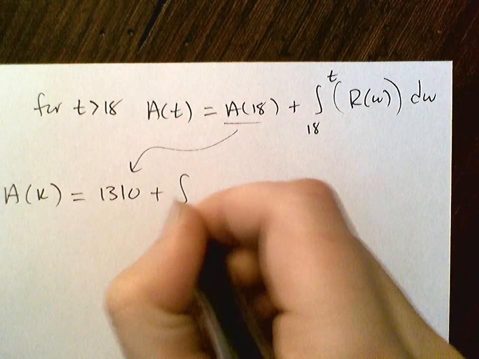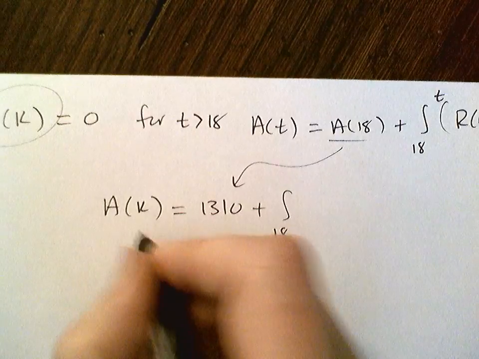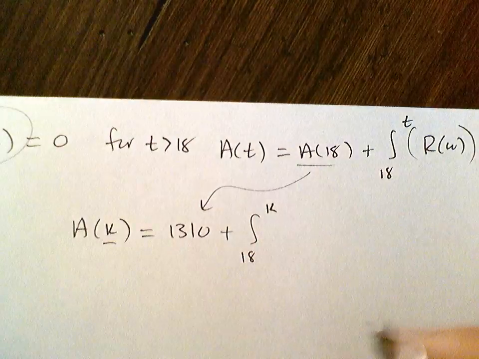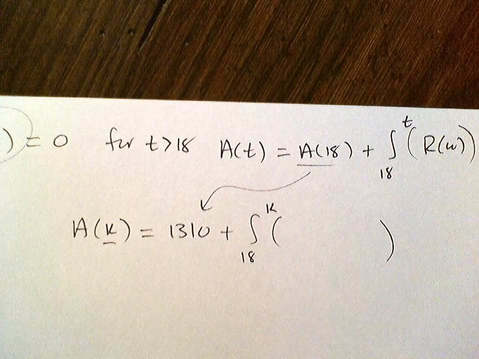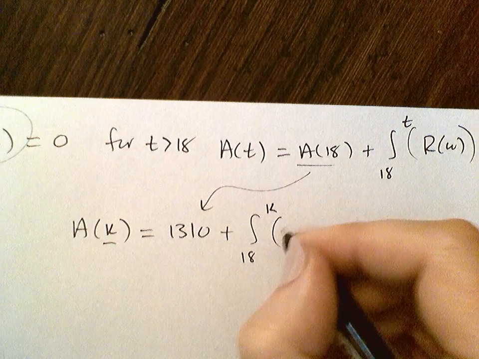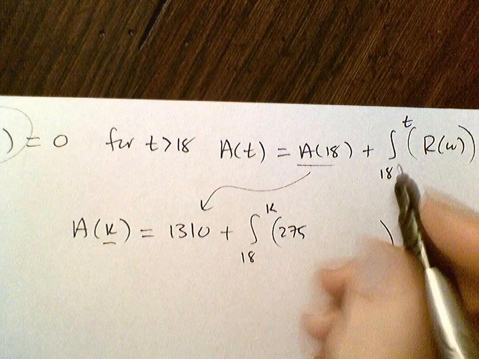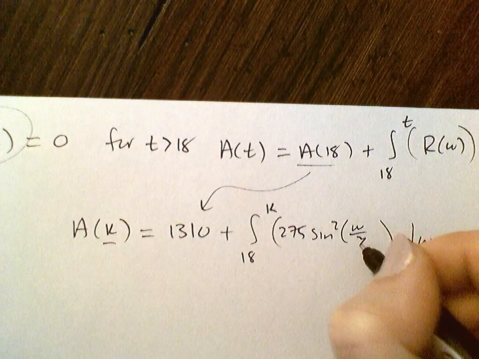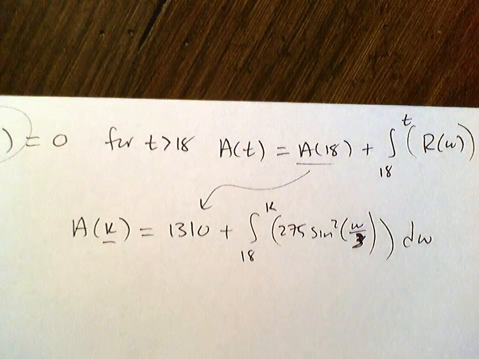Plus the integral from 18 to k, so this input goes up there, of R of w. So R is 275 sine squared of w over 3.